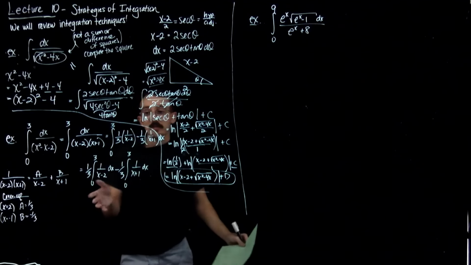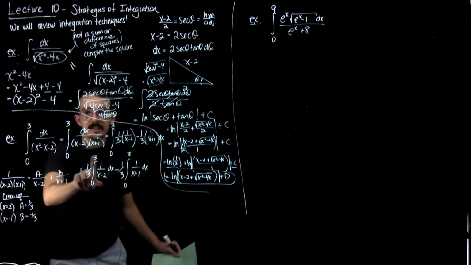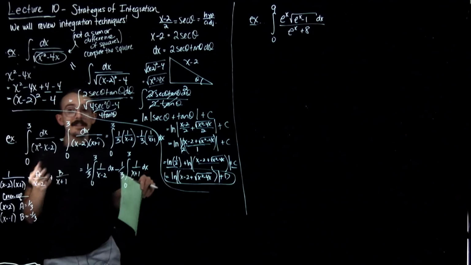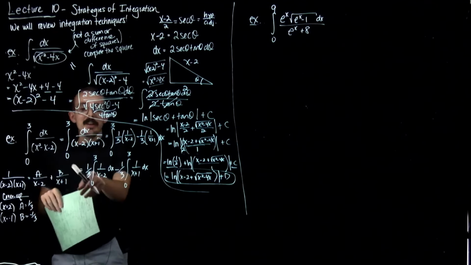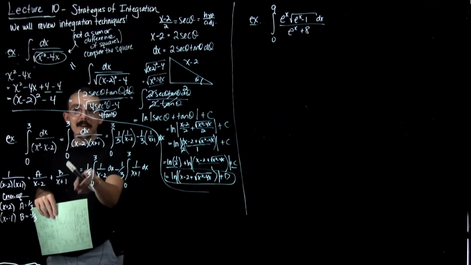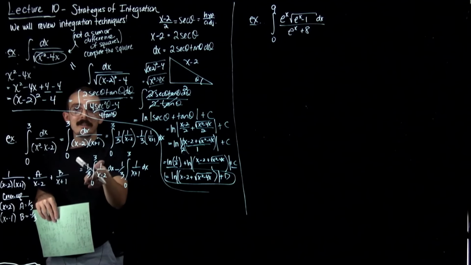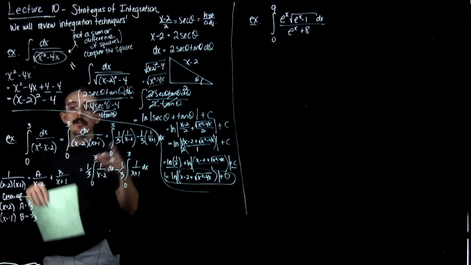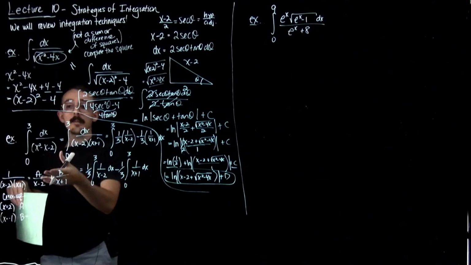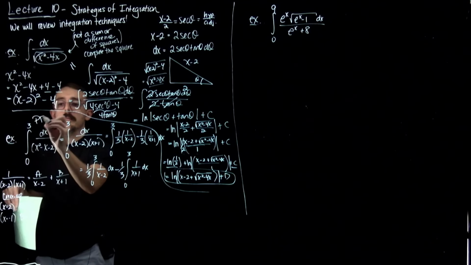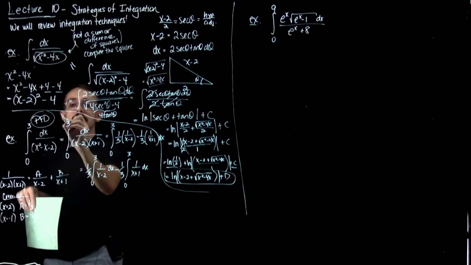The problem I'm referring to is actually right here. It's this first integral. We just talked about improper integrals. 2 is part of this interval. However, 2 makes the function go undefined. So actually, while this is a partial fraction decomposition problem, PFD, it is also an improper integral problem.